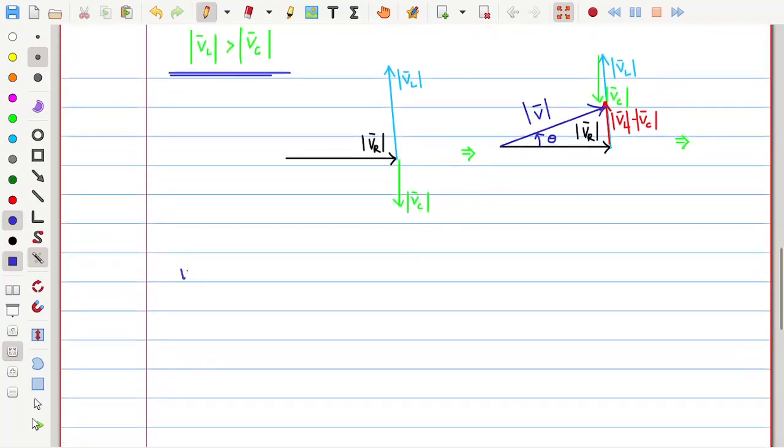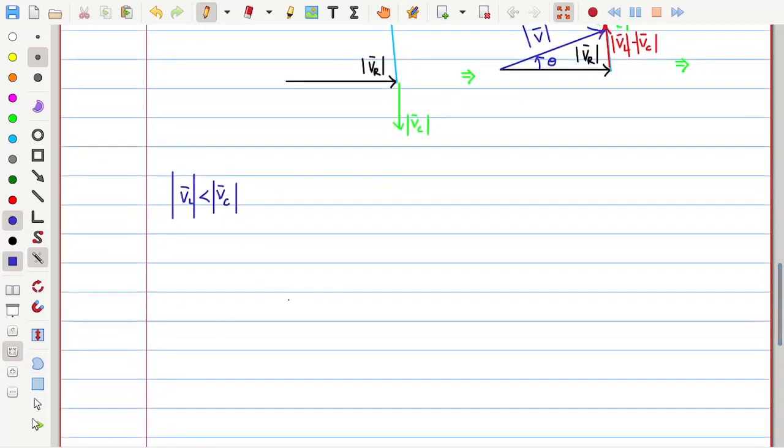If VL is less than VC magnitude, I am talking about only magnitudes, so how does it look like? Here is our VR, no change in the VR magnitude, but VL is now lesser value and VC is more value, like this. This is the VC, this is the VL.